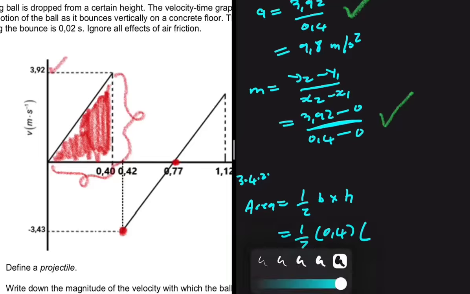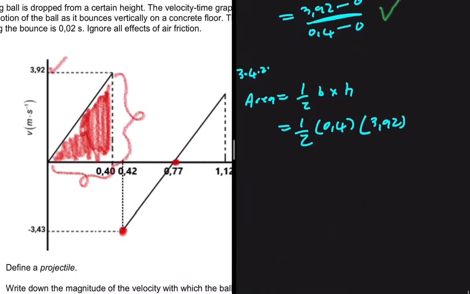The height of our triangle is 3.92. And then if you punch that in your calculator, you should get an area of 0.784. So our answer here will be 0.784 meters. That is the height from which our ball was dropped.